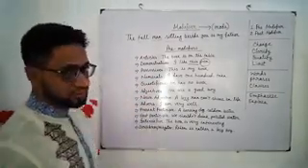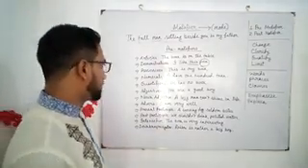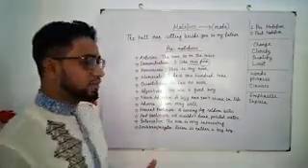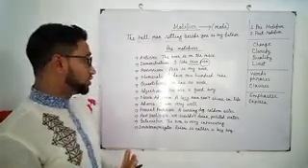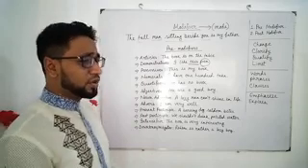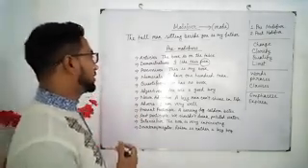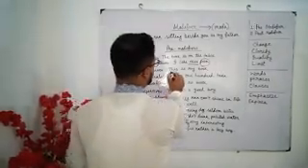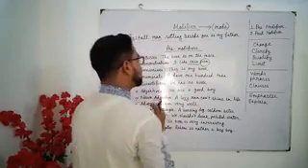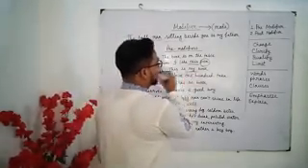Then possessives. Possessives are also modifiers. Possessive means to possess something, something in one's possession. The example is, this is my book. Here my is the possessive.